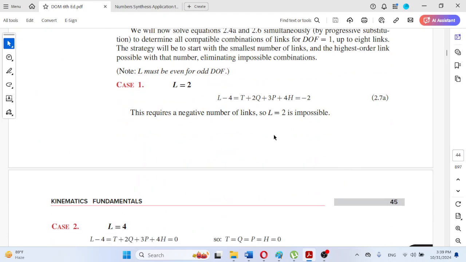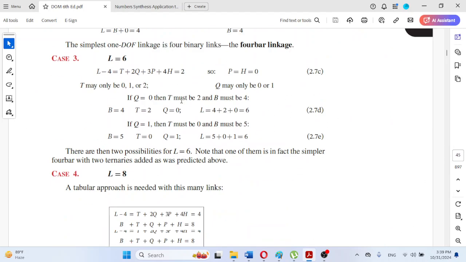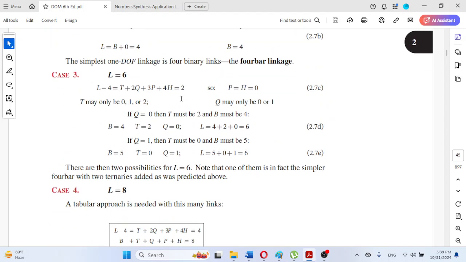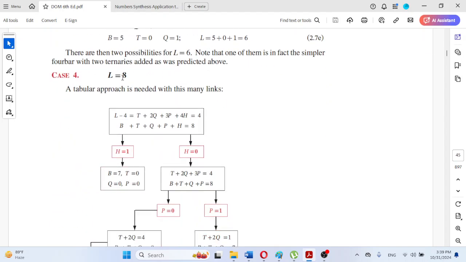So the author has explained here for a one DOF system and up to 8 links. For the assistance of the students and to help them better understand, I had suggested in the class that they perform the process for L equal to 10, means 10 links.